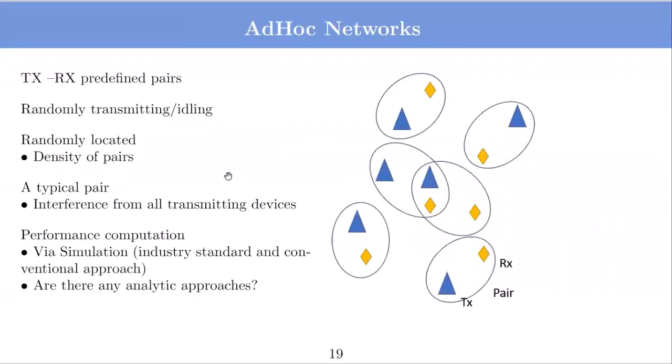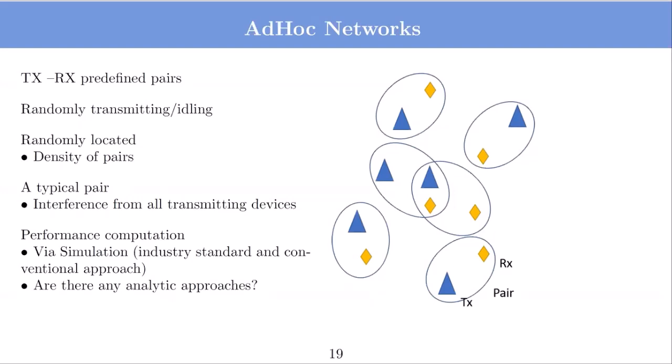So what are the examples of these wireless networks? First is ad hoc networks. Ad hoc networks are a combination of transmitter receiver pairs, and they are predefined pairs.